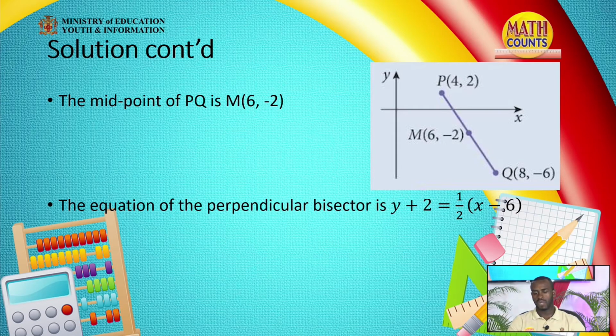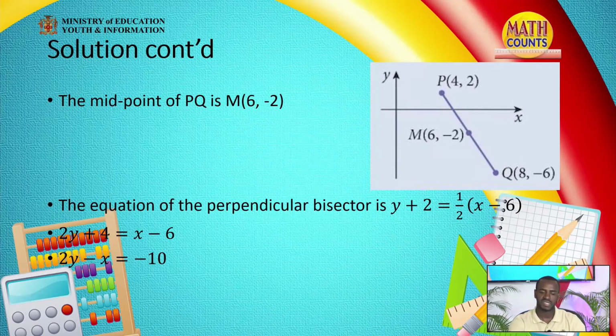However, let us go ahead and simplify this so that we know what it looks like in the simplest form. So we have 2y plus 4 equal x minus 6, which simplifies to be 2y minus x is equal to negative 10.